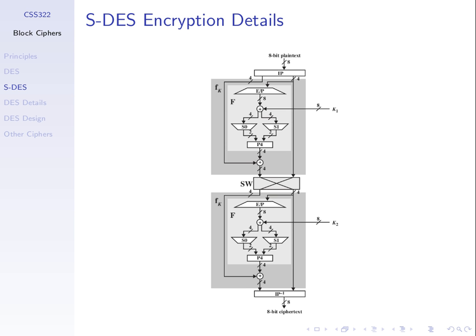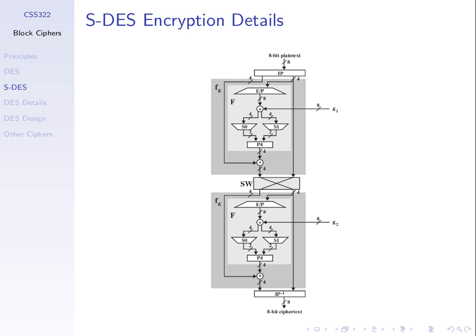Last thing, the output here, what did I get? The output there turns out to be 1110, 1101. That is fk. This dark grey box, this is the output.